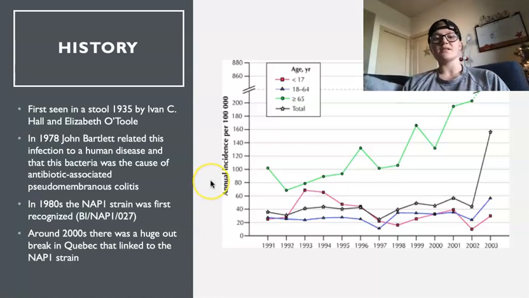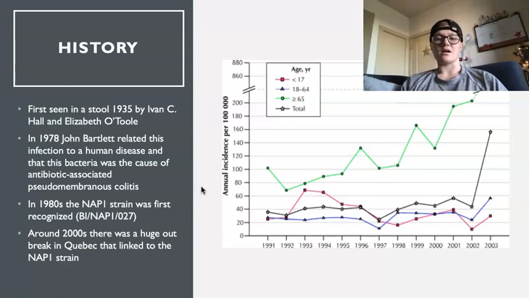In the 1980s, a new strain was recognized, and that is strain NAP1. NAP1 has resistance to fluoroquinolones, an antibiotic that is used in many hospitals to treat infections. Because of this new strain, there were many outbreaks, such as the outbreak in Quebec around the 2000s.